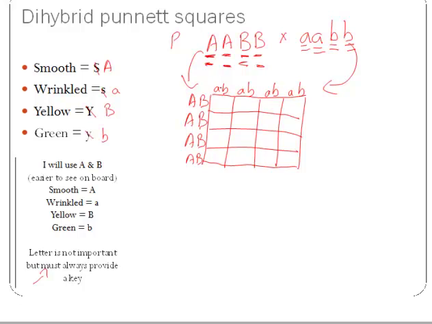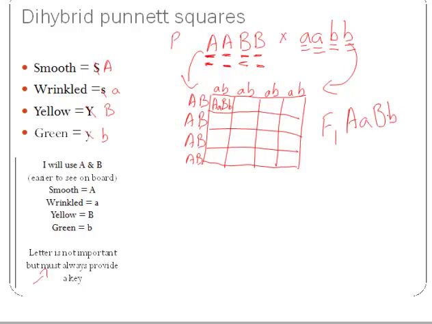You can see that they're still all the same. And then you pull the letters in. So big A comes across, little a comes down, big B comes across, and little b comes down. And all of the squares here would be the same because it's all the same for the parent. So it would be capital and lowercase a, capital and lowercase b. So our F1 generation is all heterozygous.